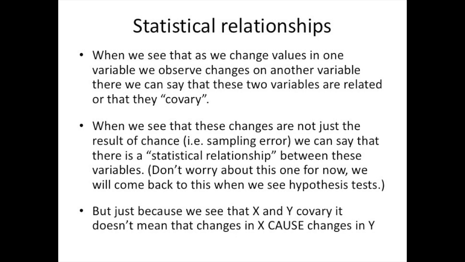But don't worry about the statistical part right now. We will come back to that in a few weeks when we talk about hypothesis tests. For now, we have to understand that when X changes, Y changes, we can say that there is a relationship between these two variables. Now, just because there is a relationship between them, that doesn't mean that X is causing Y.